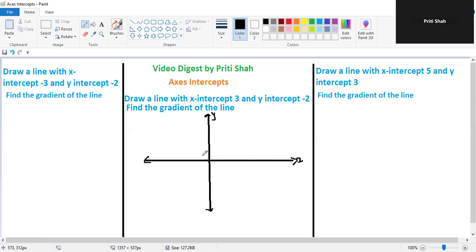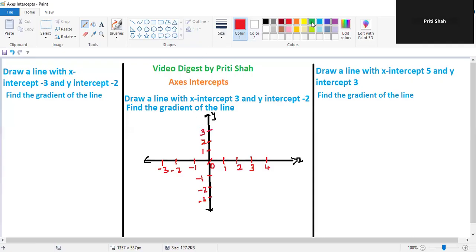Starting with the 0 in the center, x-intercept is 3, so I'll go till 4, and -1, -2. And y-intercept is -2. So here we'll write -1, -2, -3, and here goes 1, 2, and 3.